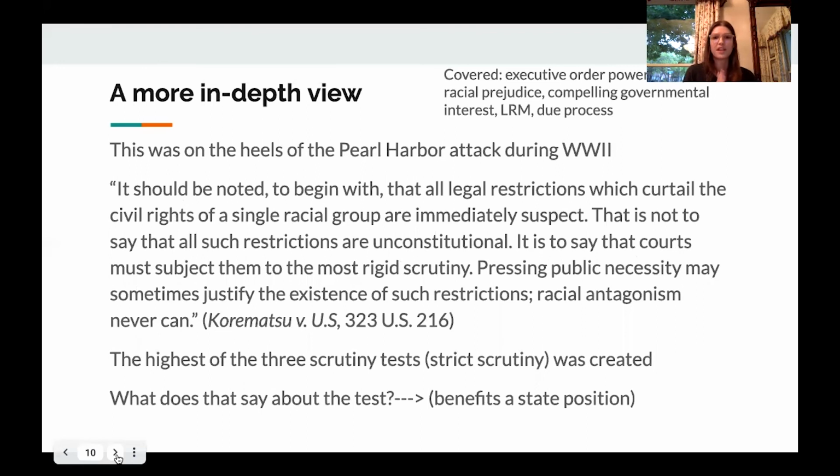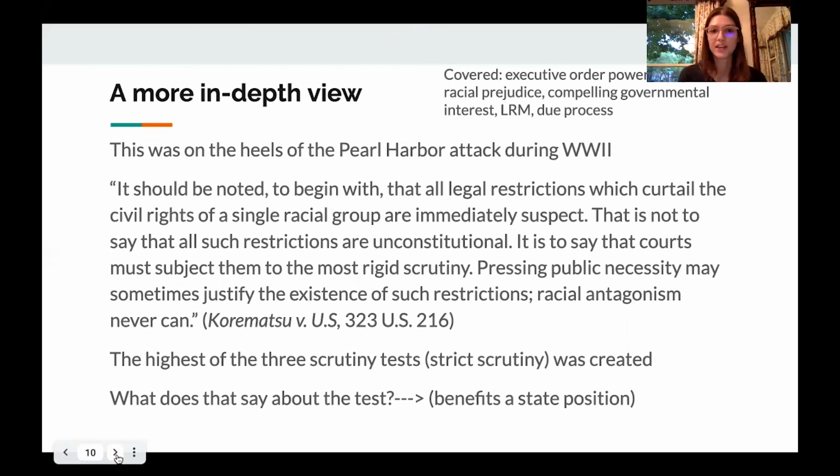So if we're thinking more in depth, more moot court, I guess, about this case, we would want to think about the circumstances, which were the Pearl Harbor attack on the United States. That was one of the first foreign attacks on the United States in a while. And I pulled a quote from this case, which I will read to you.